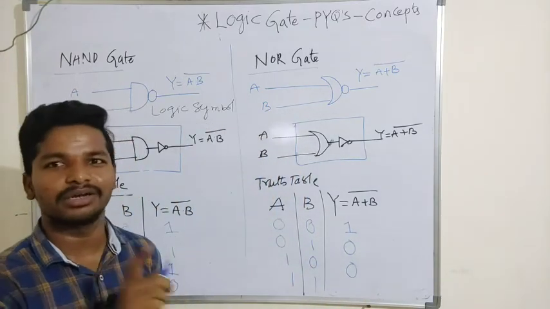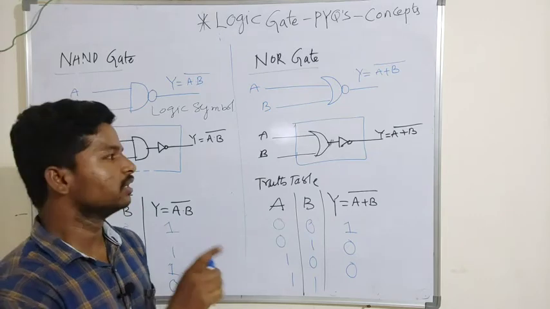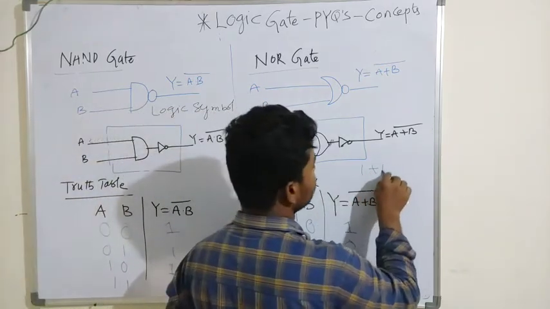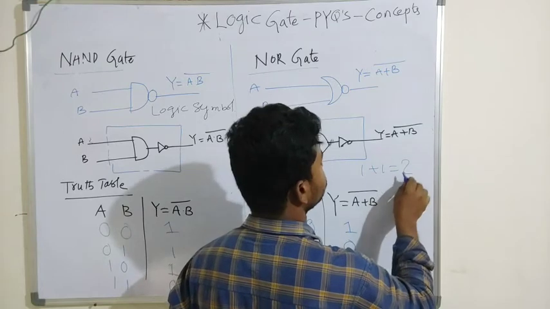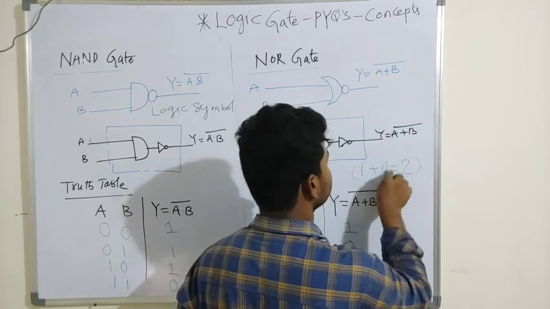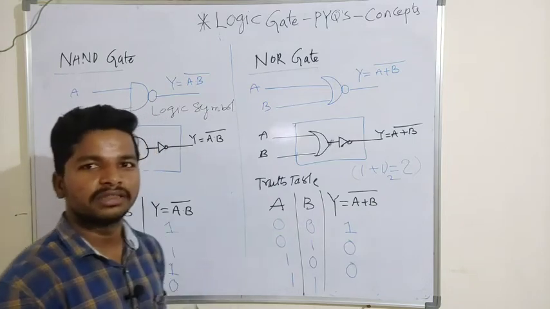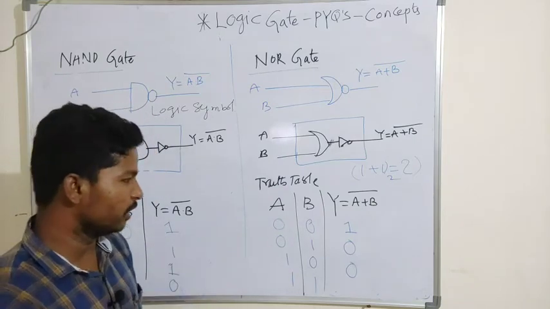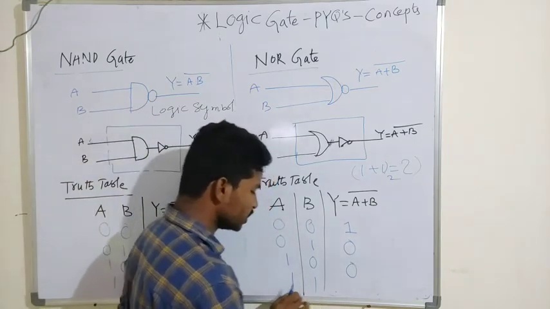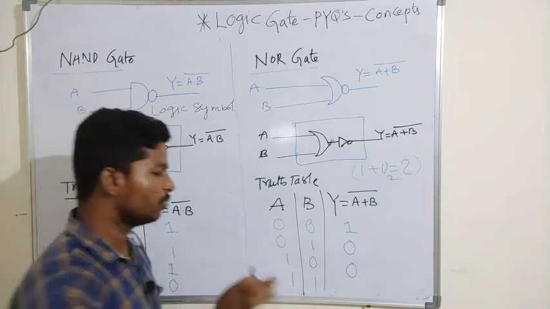Here 1 plus 1 is not 2 in binary, because we only have two literals, 0 and 1.